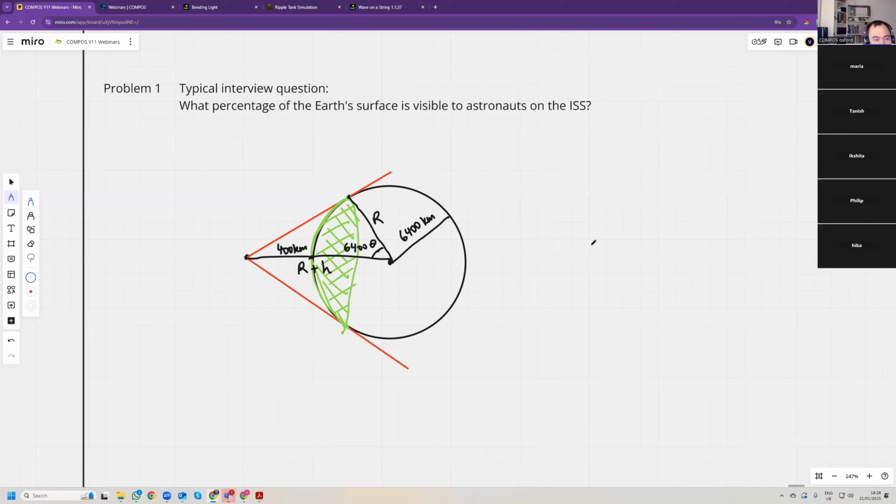So you can find cos theta, the cosine of that angle, because this is a right angle triangle, is r divided by r plus h, where r is 6,400 kilometers and h is 400 kilometers, the height above the Earth.